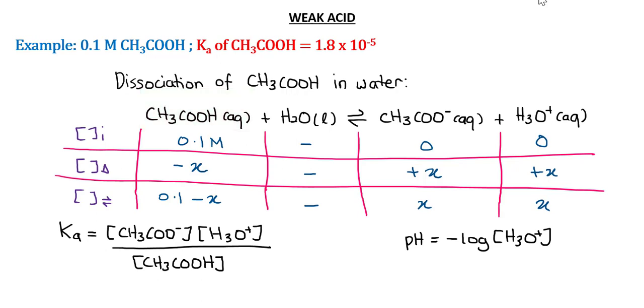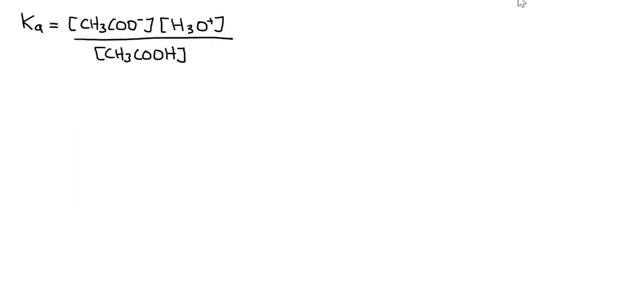Remember, pure liquid and pure solid are not included in the K expression. Since K is an equilibrium constant, the concentrations in this expression must be the concentrations at equilibrium. So substitute the values, and we get x squared over 0.1 minus x equals 1.8 times 10 to the power of minus 5.